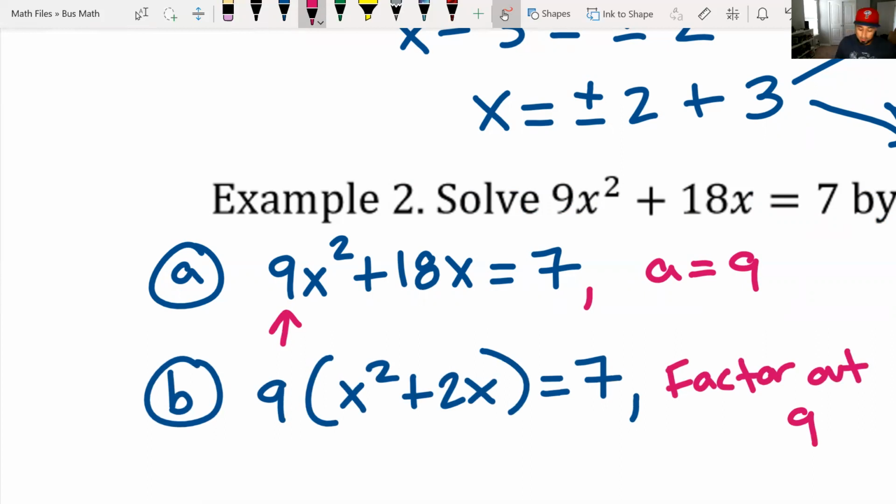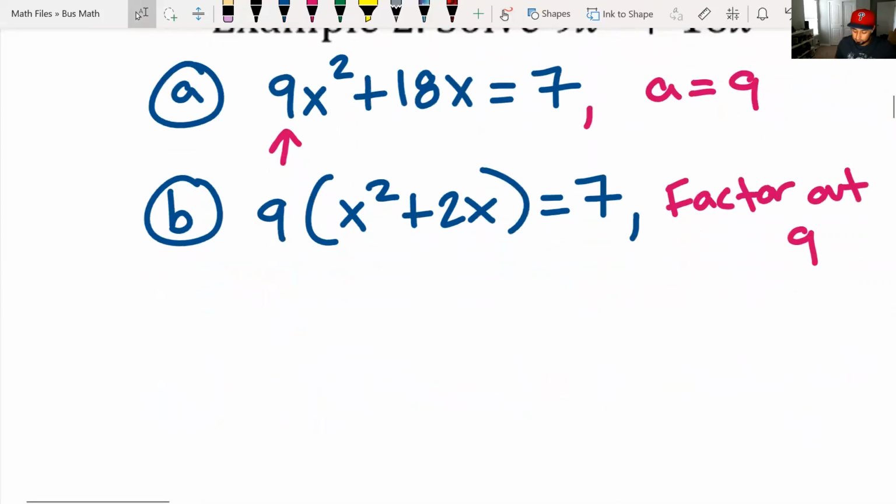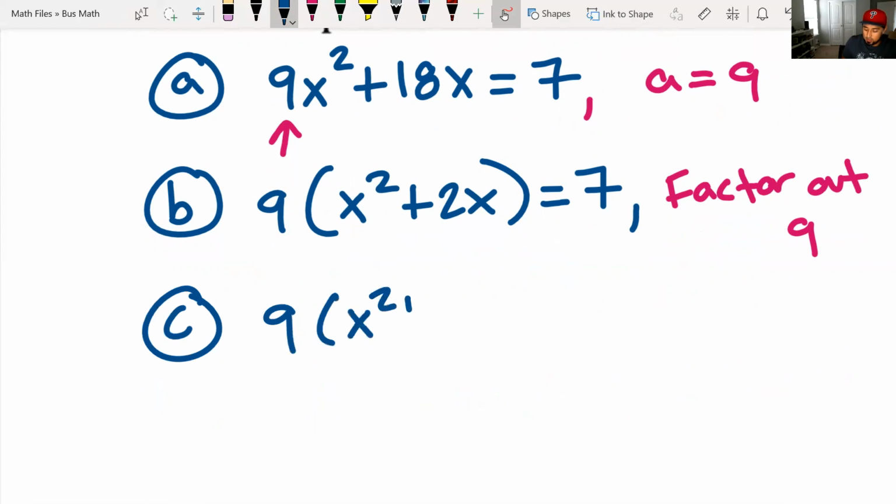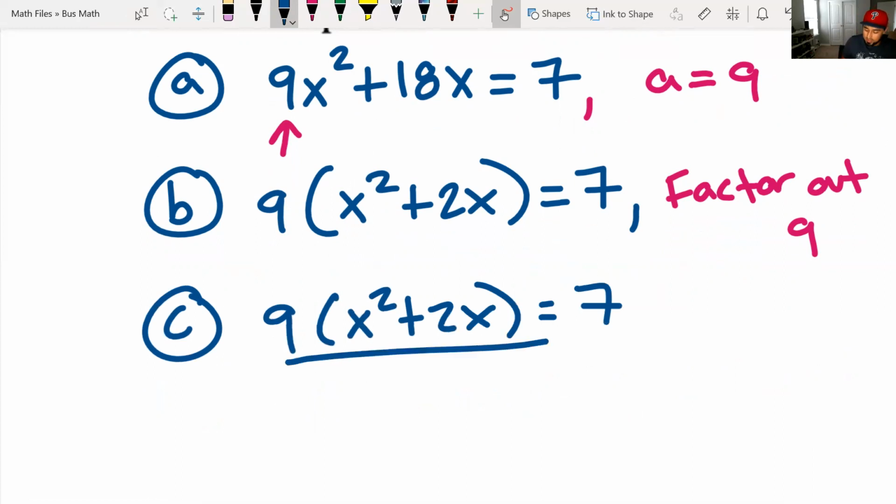Okay, and then after we factor out the 9, I'm going to get rid of it by dividing it out. So C, we're going to say 9 times x squared plus 2x equal to 7. And we're going to divide by 9.